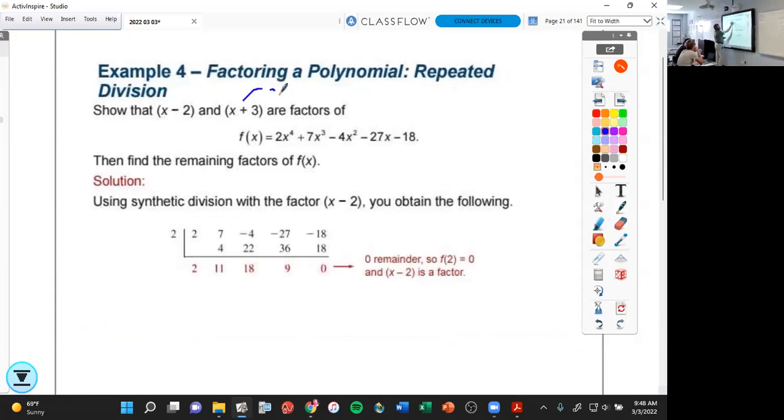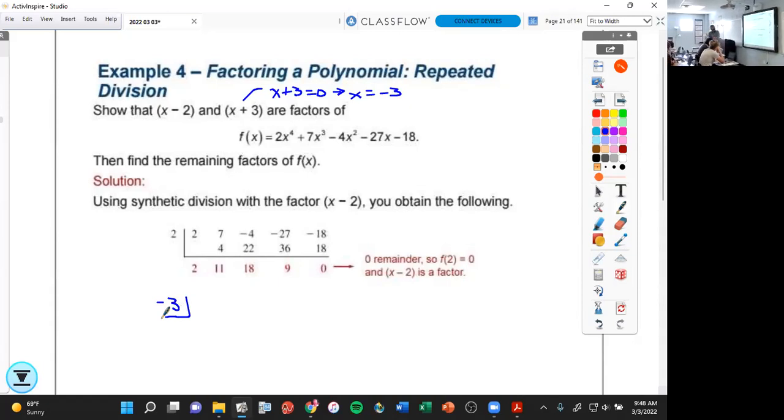Because this is x plus 3 equals 0, meaning x equals -3. So I'm going to put -3 in my box. What are my coefficients? Don't use the same ones. Obviously, if x minus 2 and x plus 3 are factors, I could go back to the beginning, but why don't I just use my new numbers?